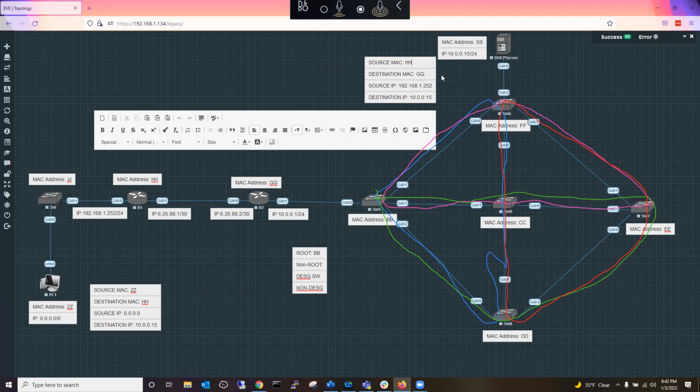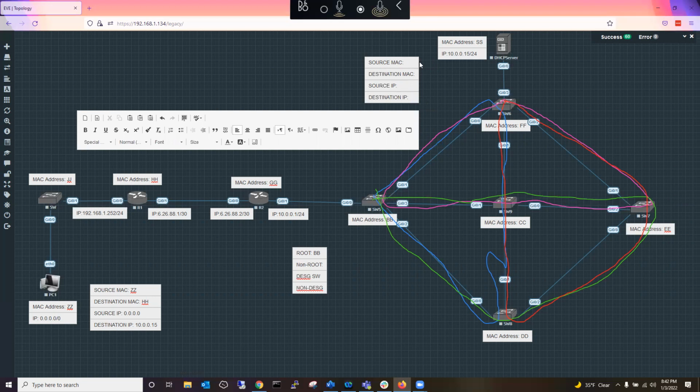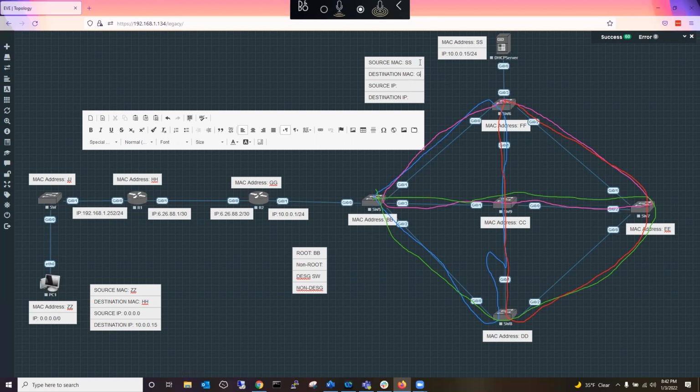First, going from the DHCP server to R2. So the source MAC is SS. Yes, the destination MAC would be GG.